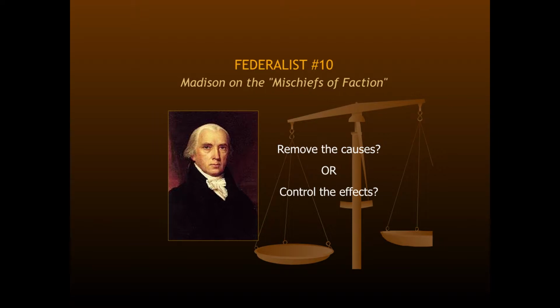The writers of the United States Constitution could try to remove the causes that helped factions develop, but realized that they couldn't, because if they did, that would certainly put a damper on many of the inherent rights that the states had in their Bills of Rights. So the second thought, therefore, was to control the effects of factions or political parties. That was really the only choice that he had.